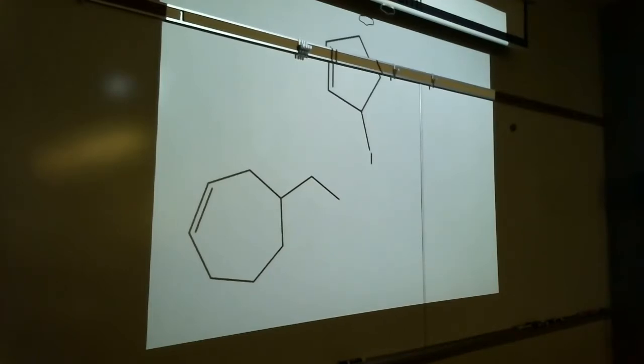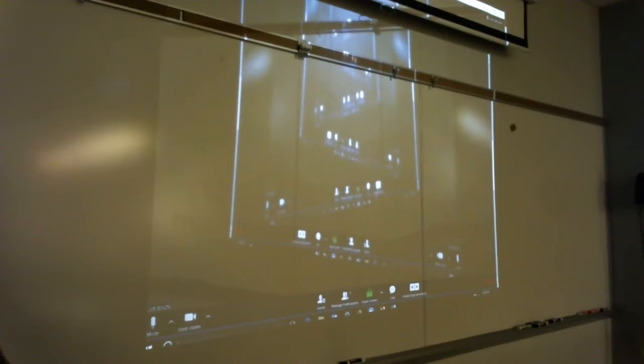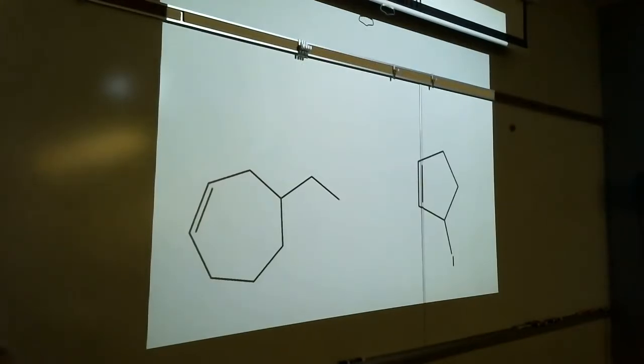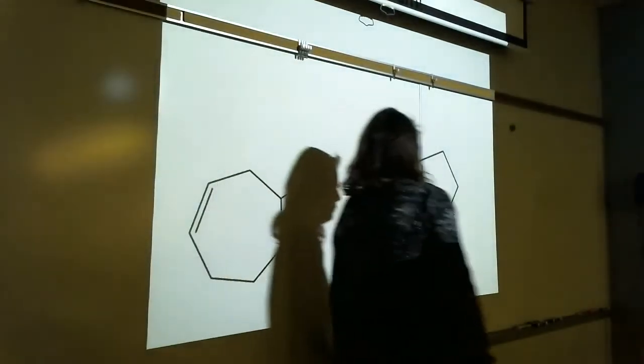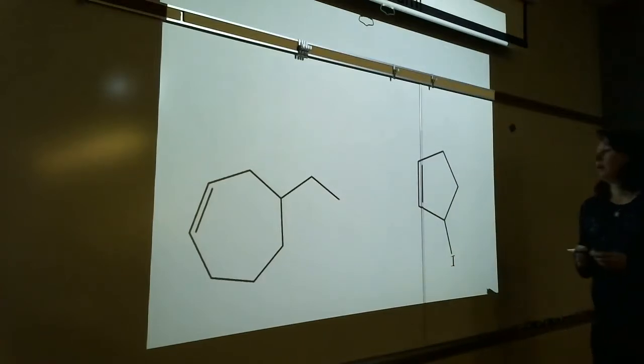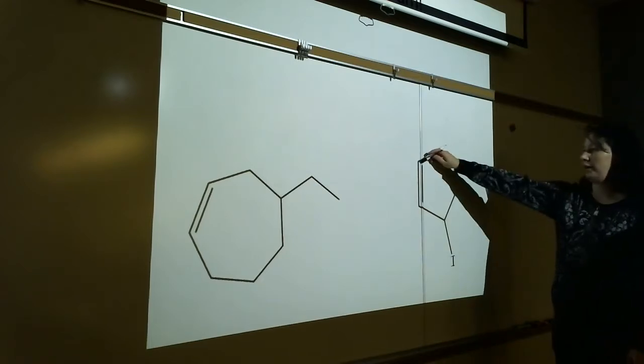All right, so let's name these. I'll give you a second to try it. Actually, pause. Okay, let's go over this now. If we're naming these, that's an I, by the way. Where's carbon number 1? It's right here, right?